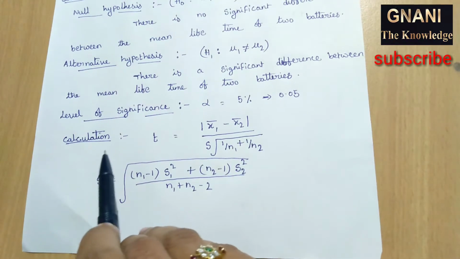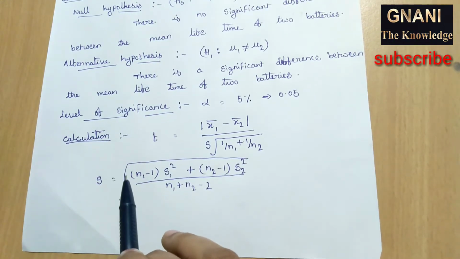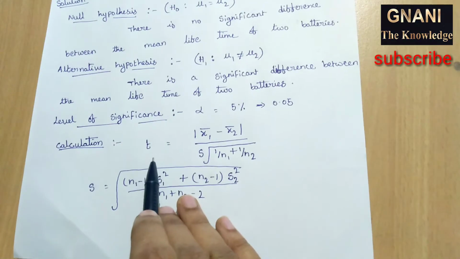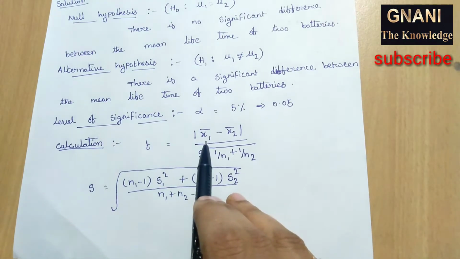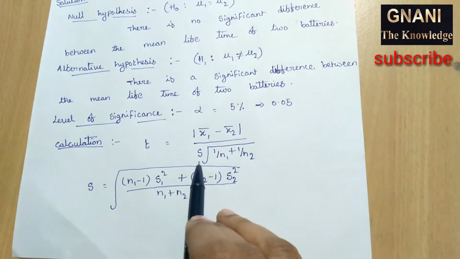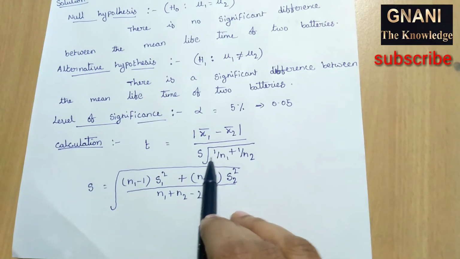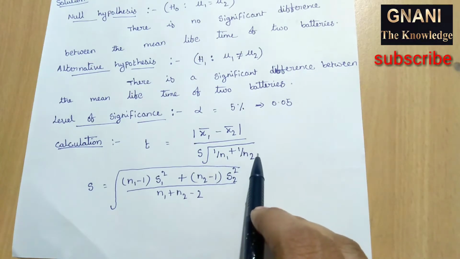Calculation. In the calculation we have to write the t formula and calculate the t calculated value. Here t equals modulus of x1 bar minus x2 bar divided by s times square root of 1 by n1 plus 1 by n2.